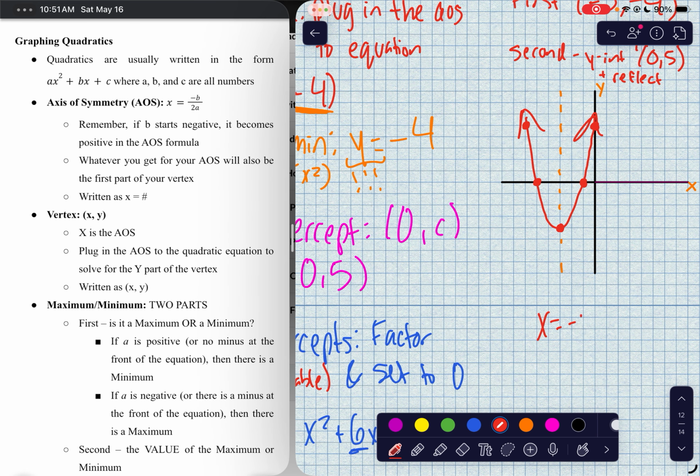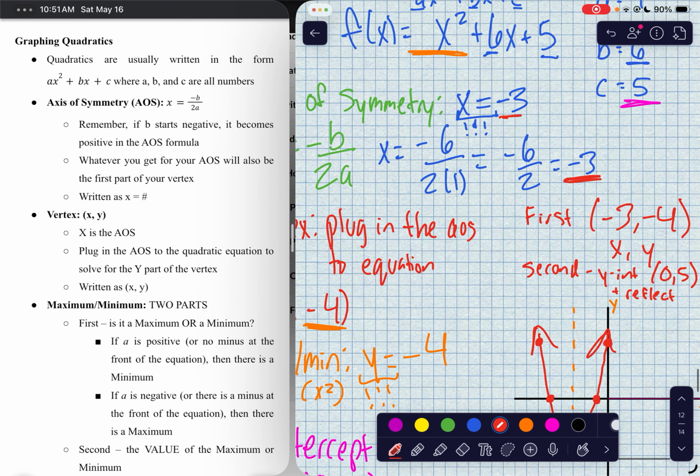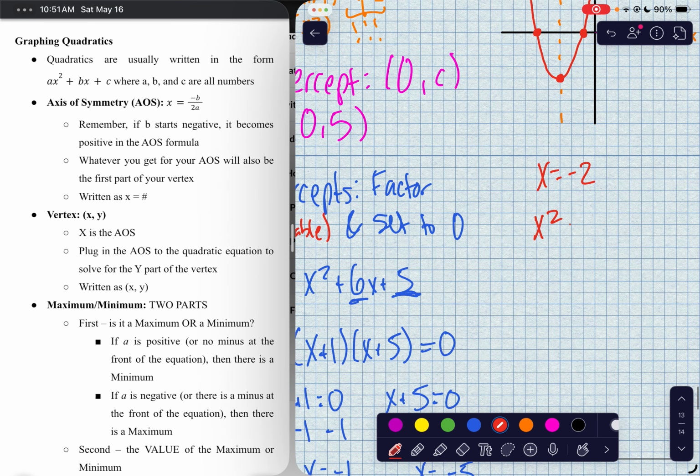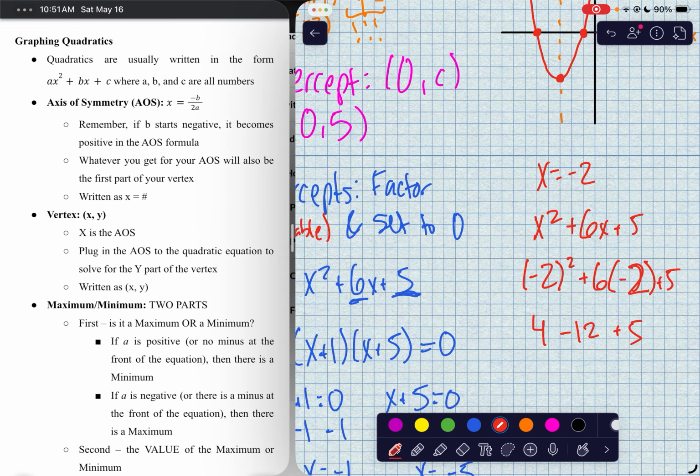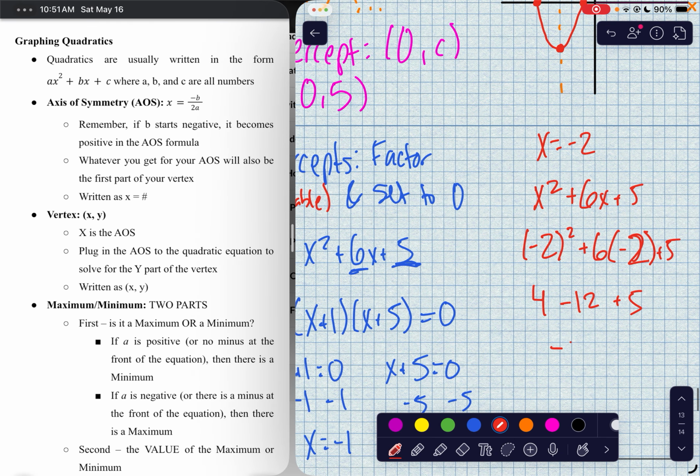And then we plug that into our equation, which again is x squared plus 6x plus 5. So we're going to plug in -2 and solve. -2 squared gives us 4. 6 times -2 will give us -12, and then plus 5. 4 minus 12 will give us -8, plus 5 gives us -3.